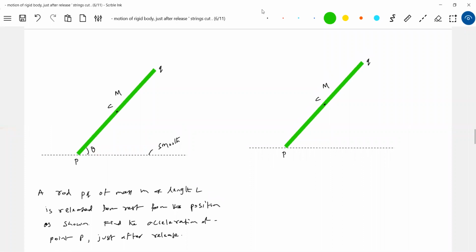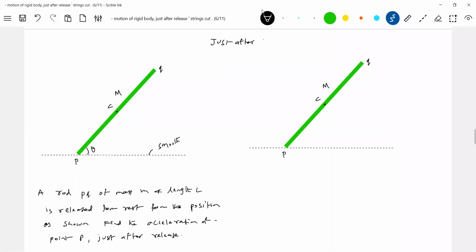I see in the books they wrote the equation. Why they're writing the equation, you'll never understand. That's what happens in rotational mechanics. You have plenty of good problems solved, but they just write the equation. How those equations came, you must know the background. So just after release, what is the idea?